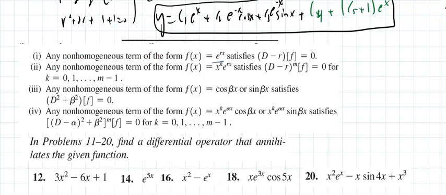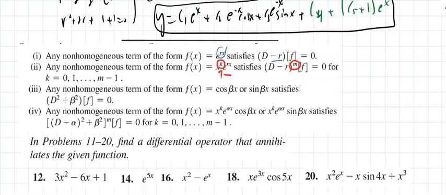If you see an exponential e to the rx, to annihilate that, you would use d minus r times f, that will be 0. If you see a polynomial in general, you would take d minus r to the m, and here they say k, this k is 0, 1, 2, 3, all the way to m minus 1.